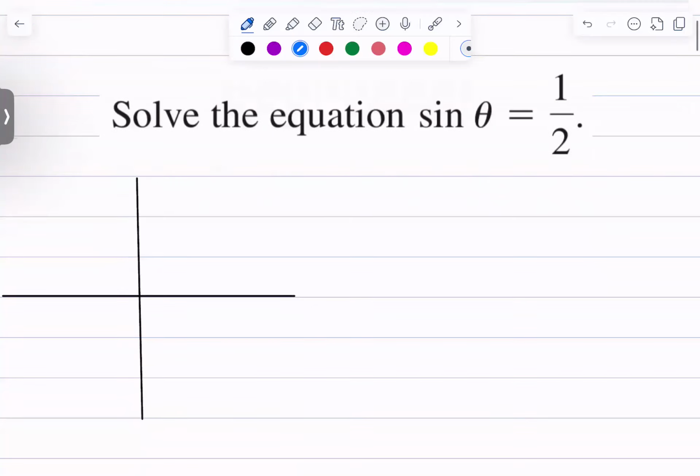So it's a 30-degree angle in our first quadrant because sine is positive in our first, right? And in our second quadrant.